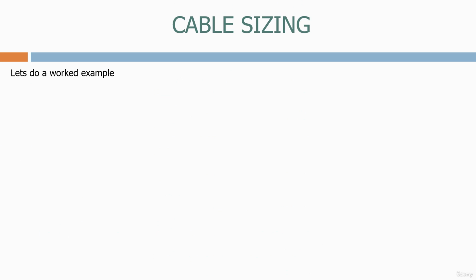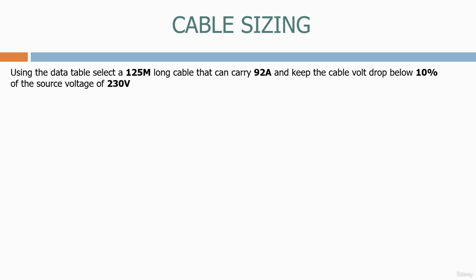Let's do a worked example. Using the data table, select a 125 meter long cable that can carry 92 amps and keep the cable volt drop below 10% of the source voltage of 230 volts. Step 1 is to select a cable from the table based on its current carrying capacity.